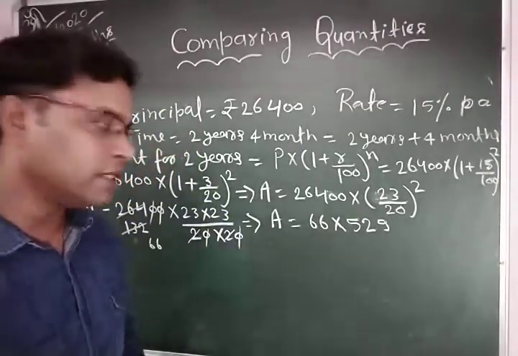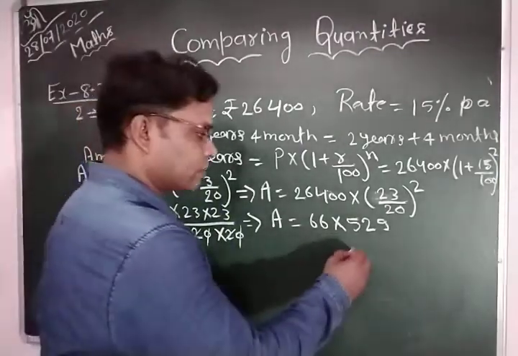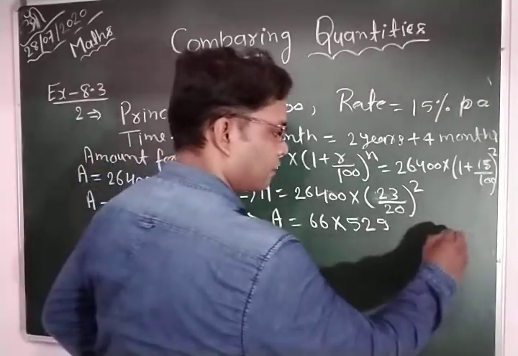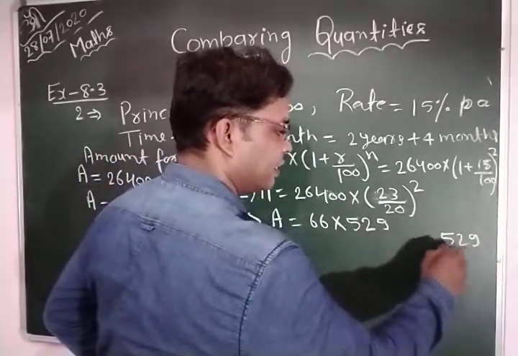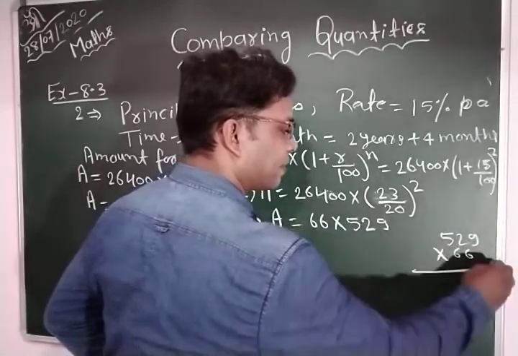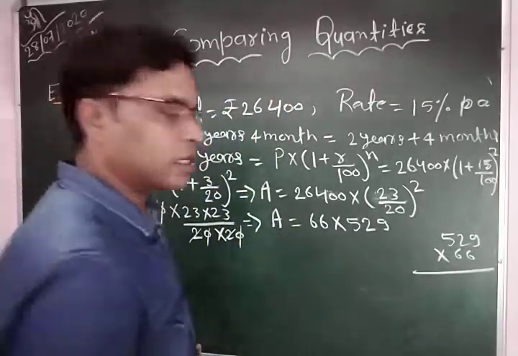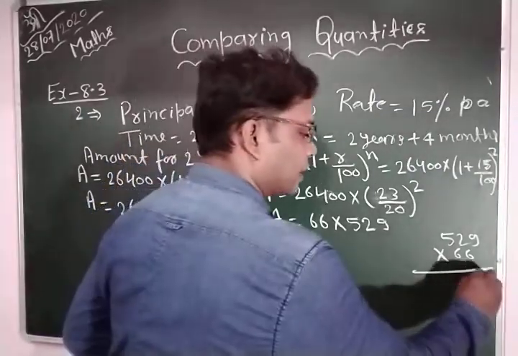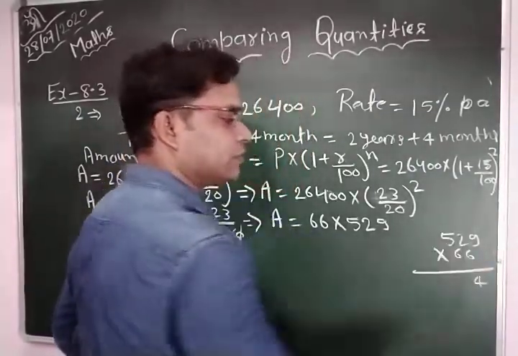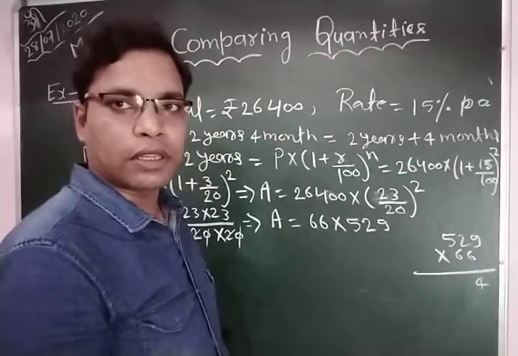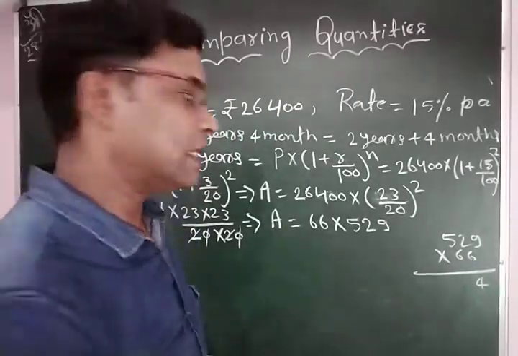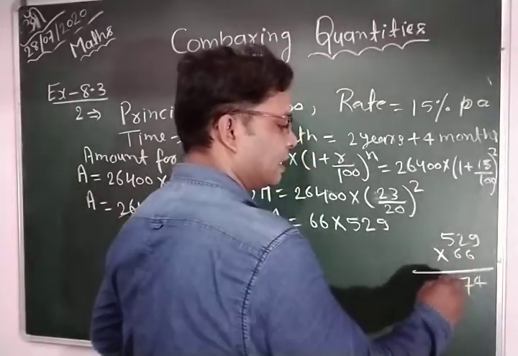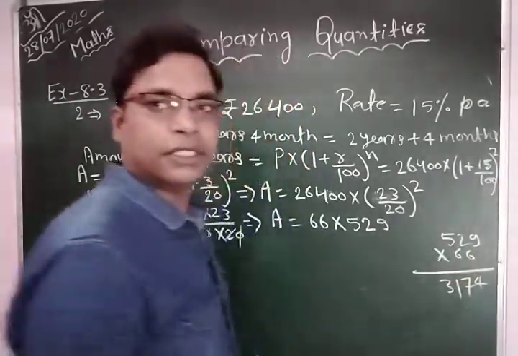Now we multiply 66 into 529. Let's see. 529 multiplied by 66. So 6 nines are 54, carry 5, and 6 twos are 12, 12 plus 5 is 17, carry 1, 6 fives are 30, plus 1 is 31.